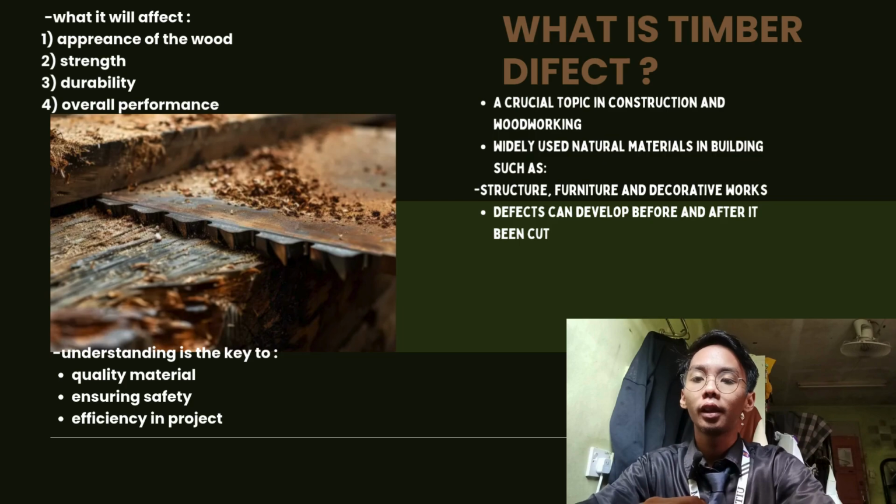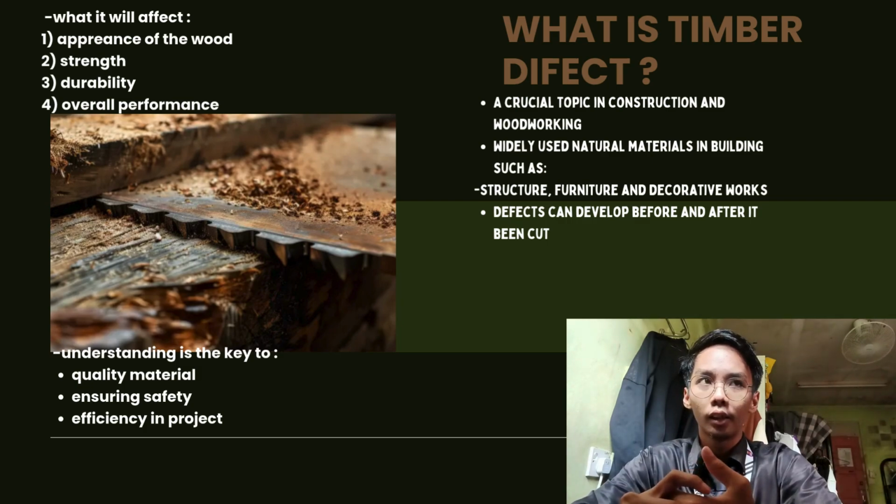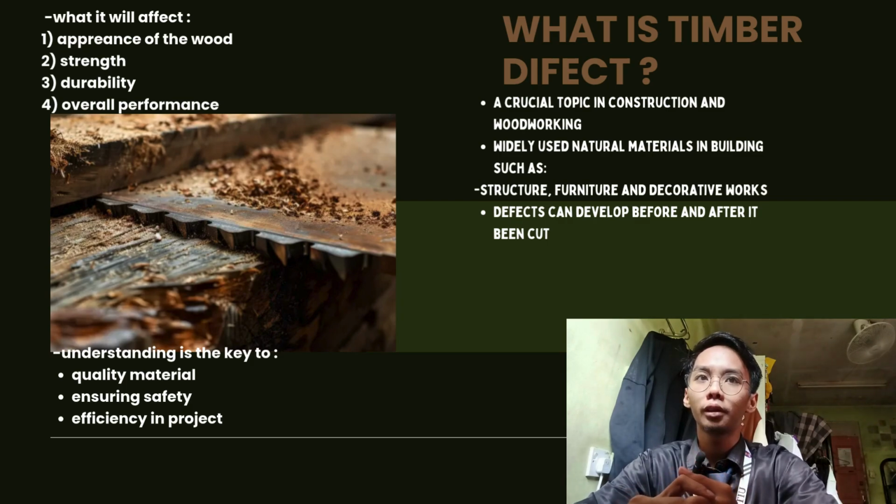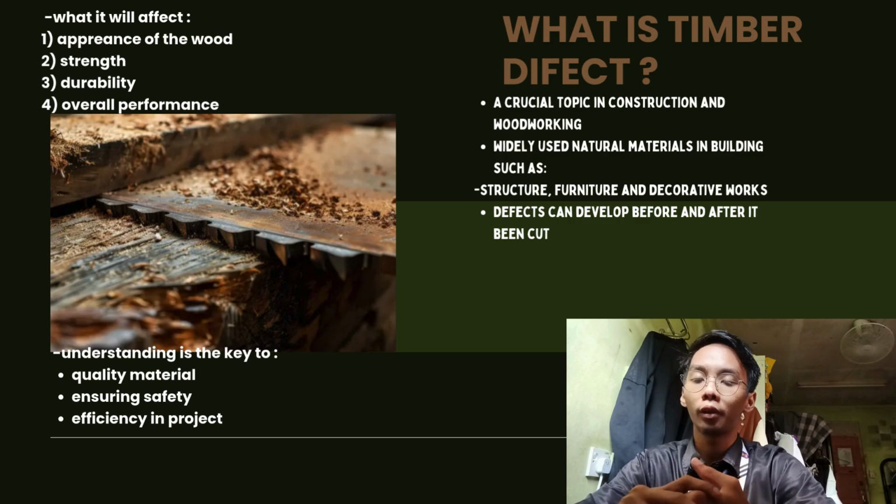Hi everyone, so today I'm going to explain about the crucial topic in construction, that is timber defect. Timber or wood is widely used in every type of project like structure, decorative planning, and even furniture. But not all of them are good or even in perfect condition. Some of them have issues like cracks, holes, and even bugs living inside of them.